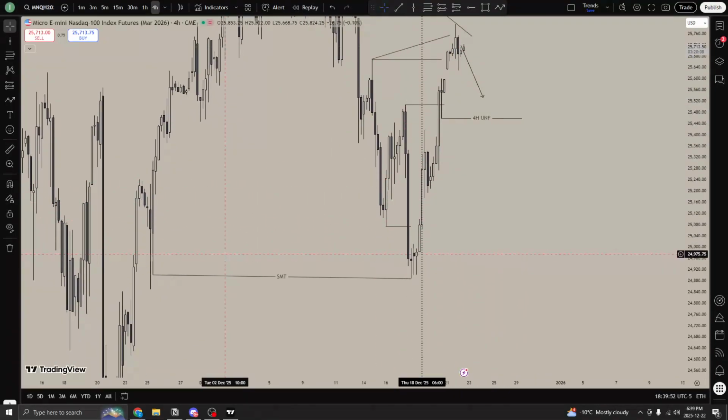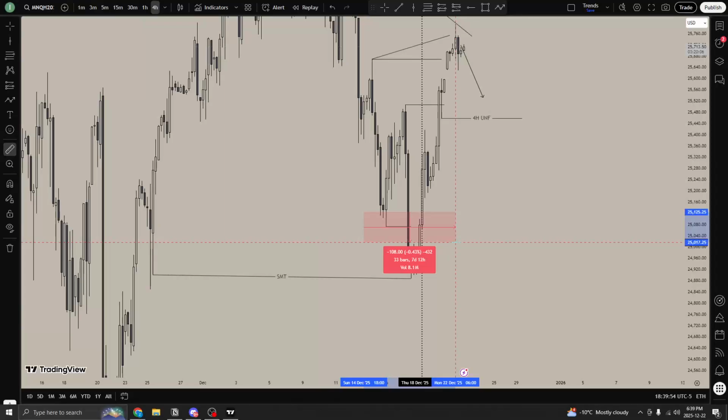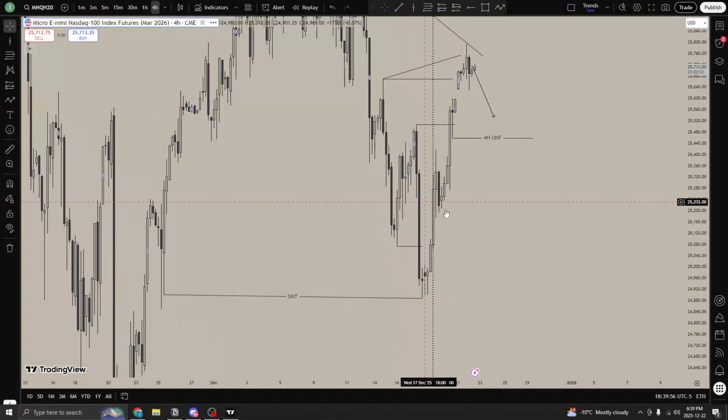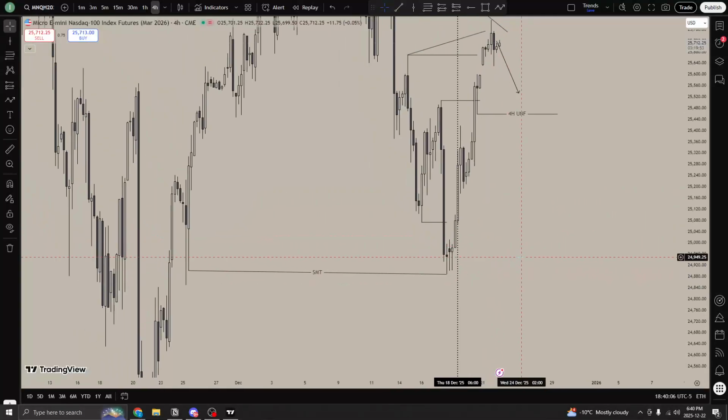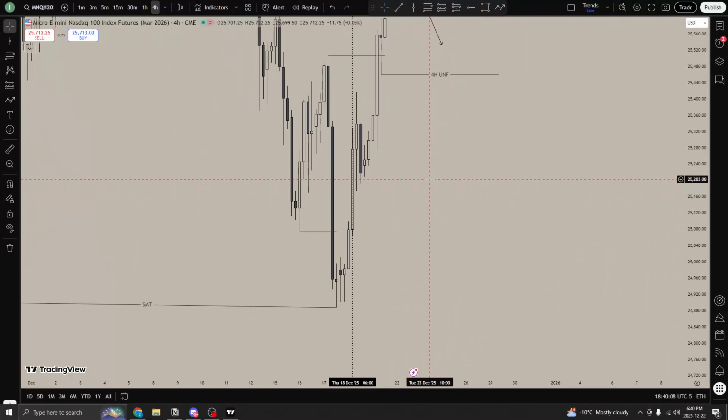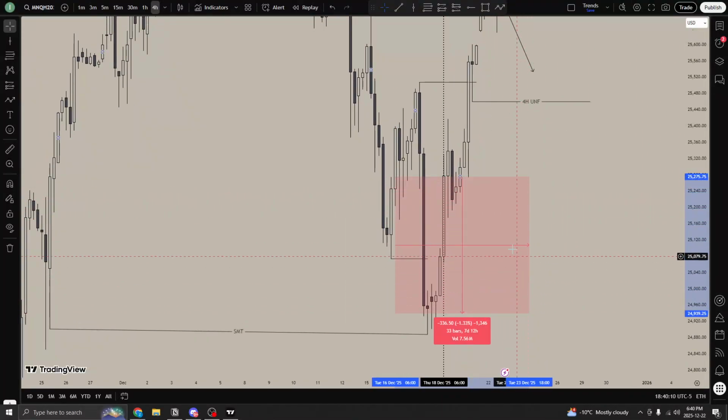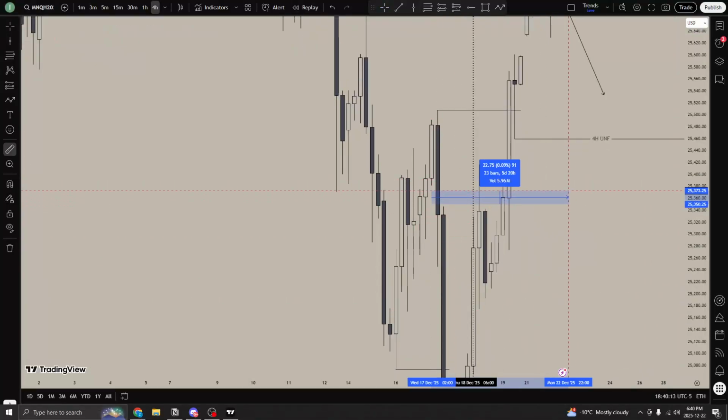Because it's very possible that you have this SMT, this liquidity sweep, this perfect time for it to switch to a market maker buy model, but then it just doesn't inverse this gap and goes back down to these lows. So it's very possible, of course, but once you see this inverse, then the next draw obviously will be this high.